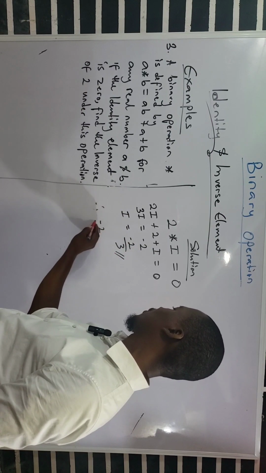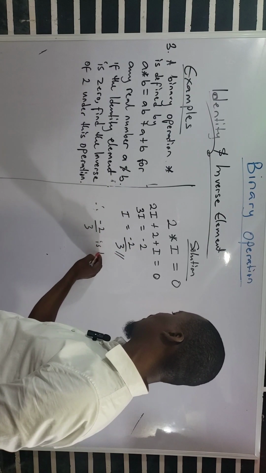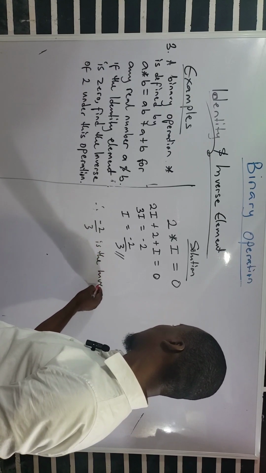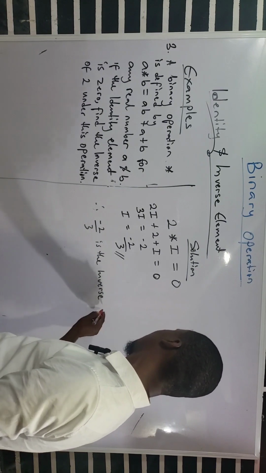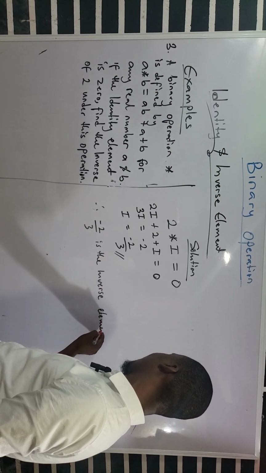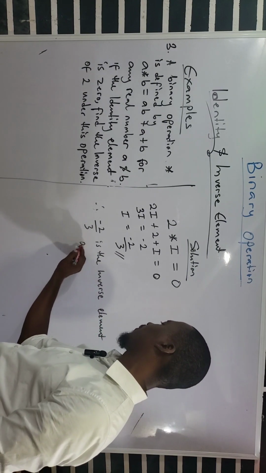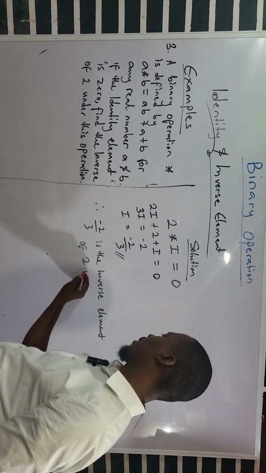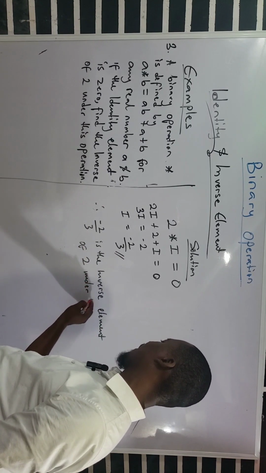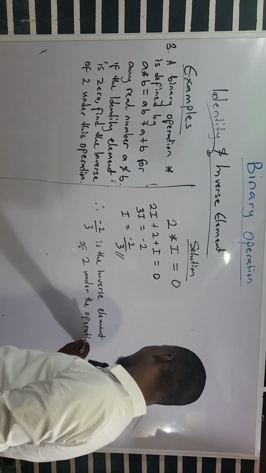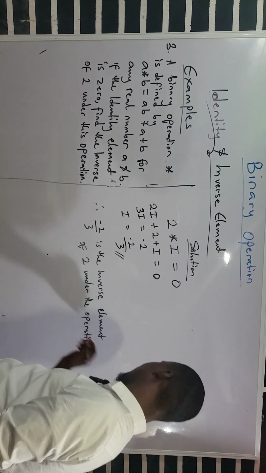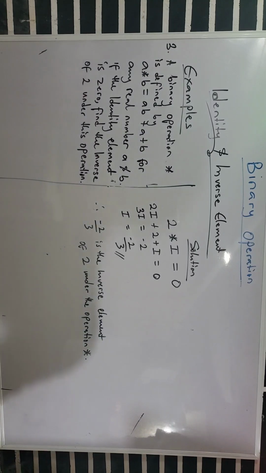Therefore, minus 2 over 3 is the inverse element of 2 under the operation. So under that particular operation, minus 2 over 3 is the inverse of 2.